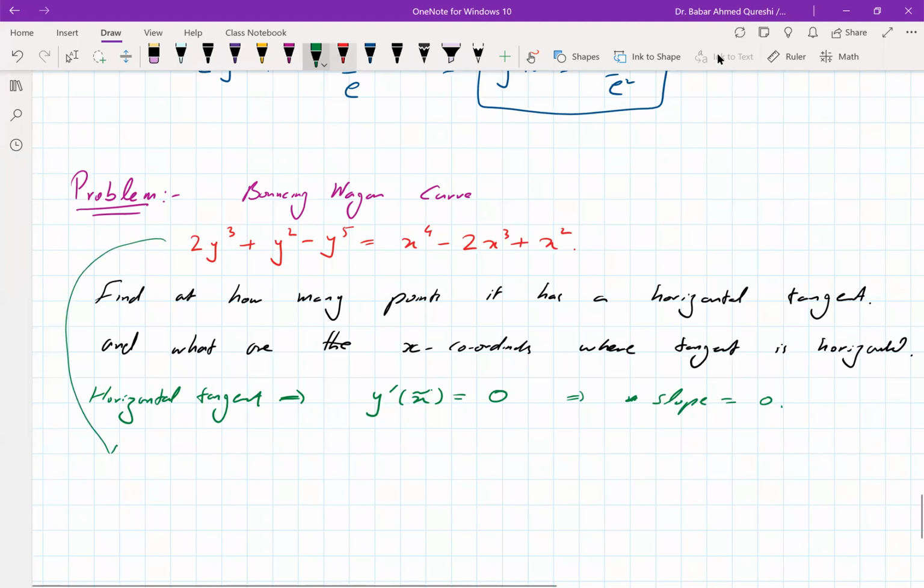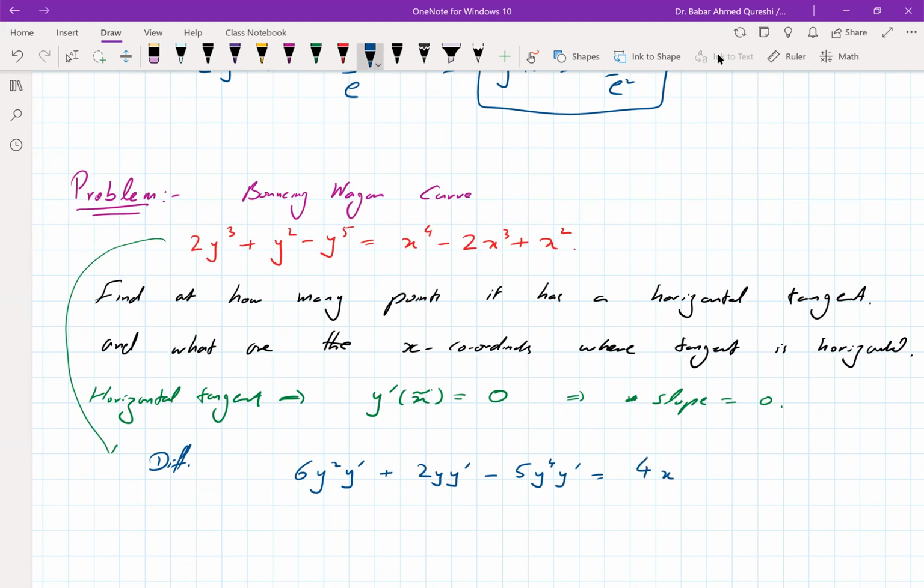So just compute from here, differentiating, we get 6y square y derivative, plus 2y, y derivative, minus 5y to the 4, y derivative is 4x cube minus 6x square minus 2x.